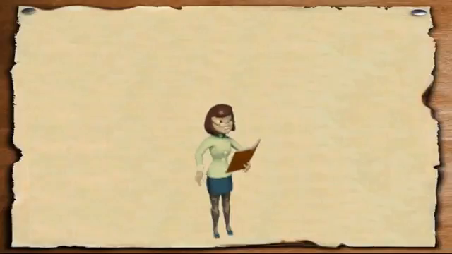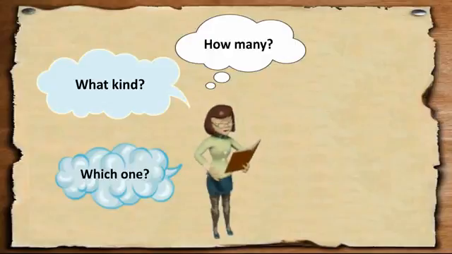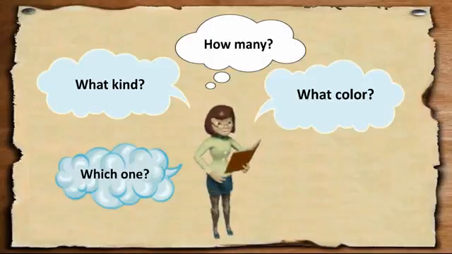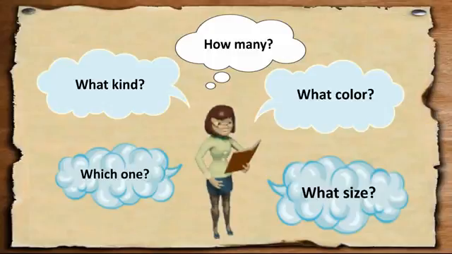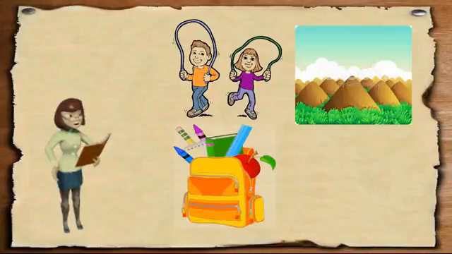Aside from telling which one, what kind, how many, what color, and what size, adjectives can also be used in comparing persons, places, things, and abstractions.